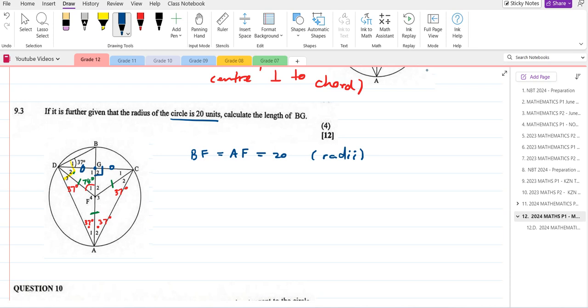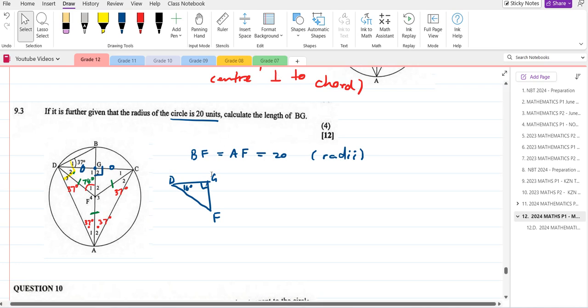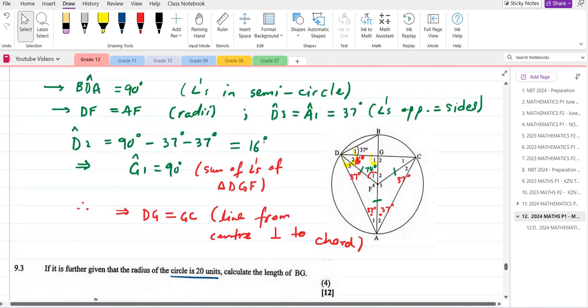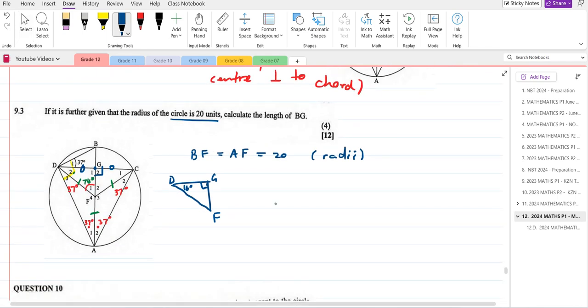We got this angle. Remember, we can find GF using trigonometry, because look at this triangle DGF. We have 16 degrees here. Remember, we found angle D2, which was 16. DF, we should say DF as well. These are all radii, so this is 20.